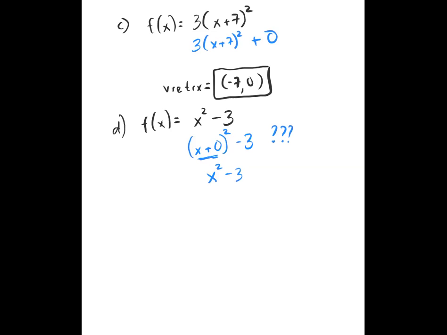And are we right back to the original problem? X plus 0 is X. We bring down that power of 2, don't we? We're right back to the original problem, which is just that.